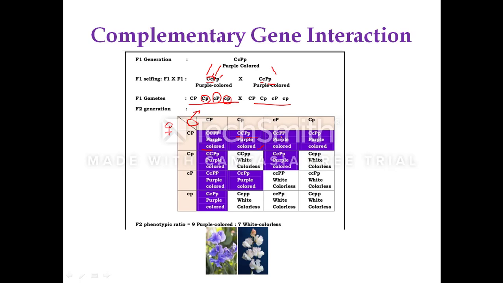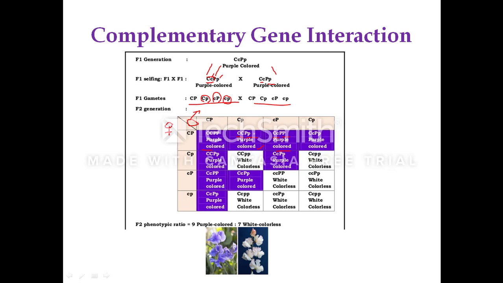Similarly, when capital C, capital P fuses with small c and capital P, we get capital C, small c and homozygous dominant for P, hence it is purple.